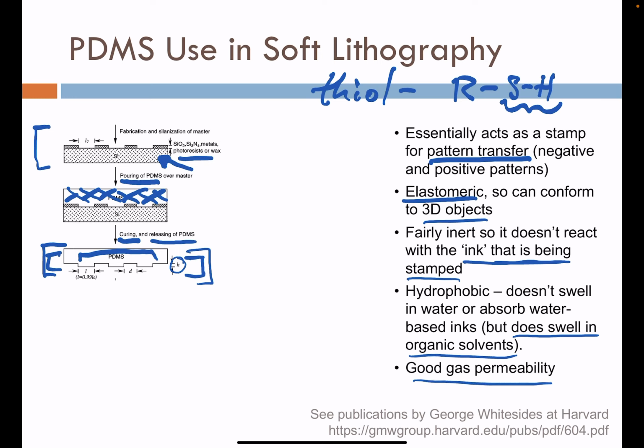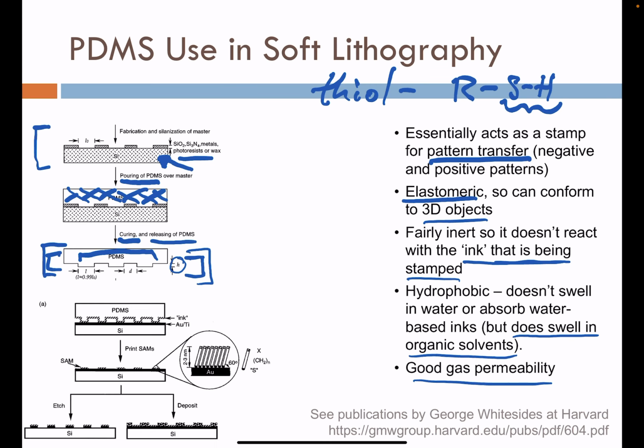PDMS is also known to be gas permeable, and so this can be advantageous when working with devices intended for biological environments, as essential gases can permit through that PDMS owing to its low glass transition temperature. So here's the photolithography step where you see the ink, typically a thiol like we show in this inset here, where a sulfur end with another functional group X, which could be simply hydrogen terminated or other features there, can be applied to a gold layer resting on top of a substrate of silicon.